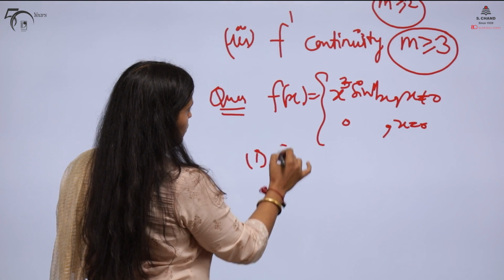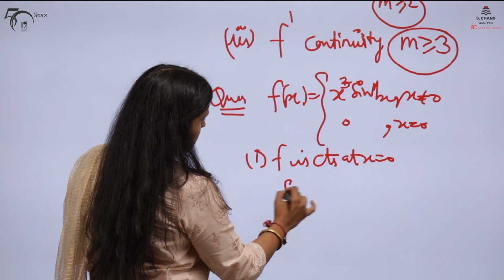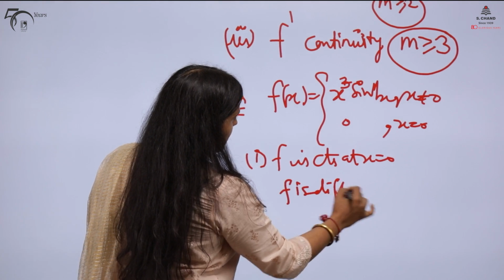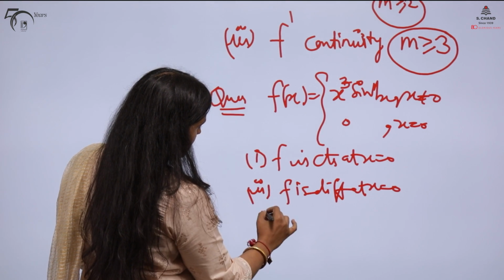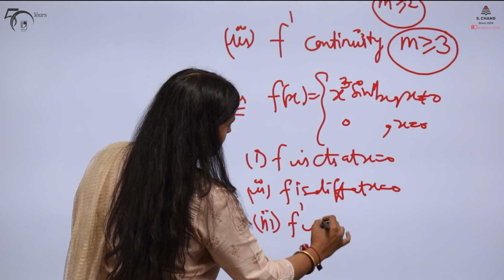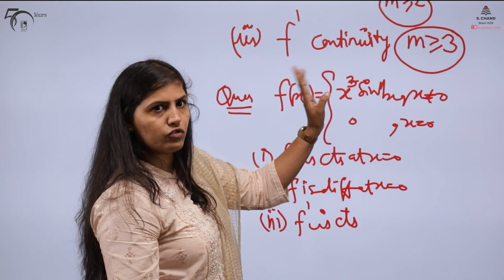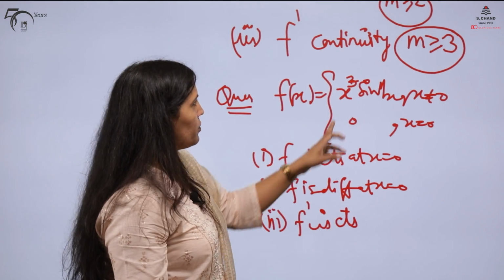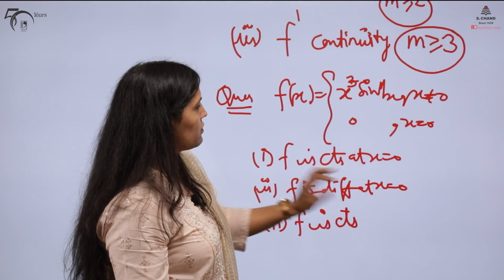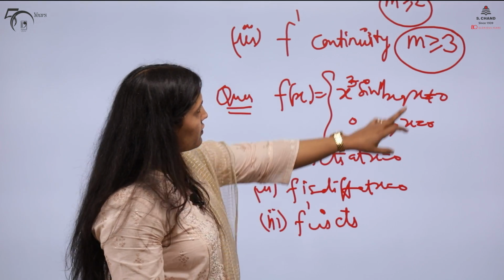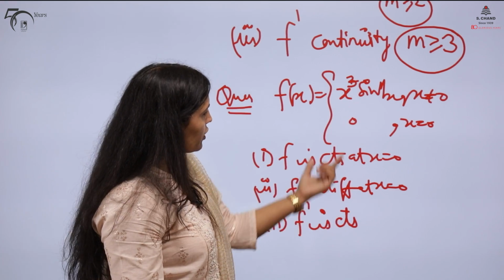Number 1, f is continuous at x equal to 0; number 2, f is differentiable at x equal to 0; and number 3, f dash is continuous. As I told you, for continuity at least 1 is sufficient, so it is continuous. For differentiability, the power should be 2 or more, so it is differentiable also. Now for the derivative, I said m should be greater than or equal to 3, so 3 onwards, so this function satisfies all the conditions.